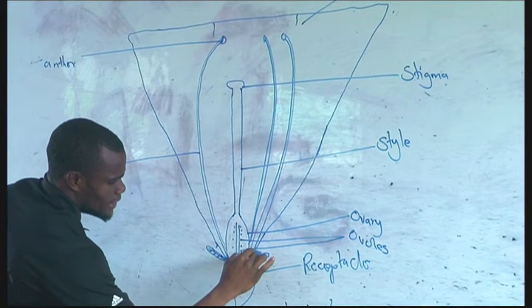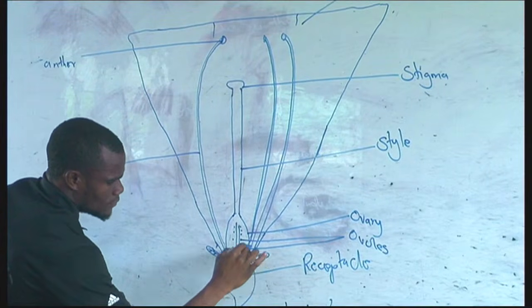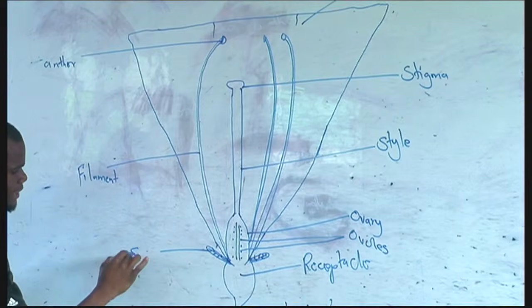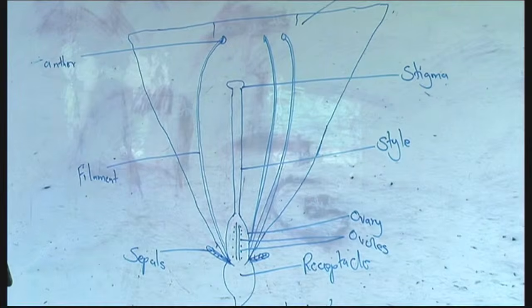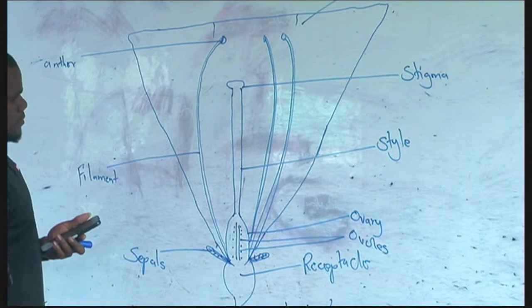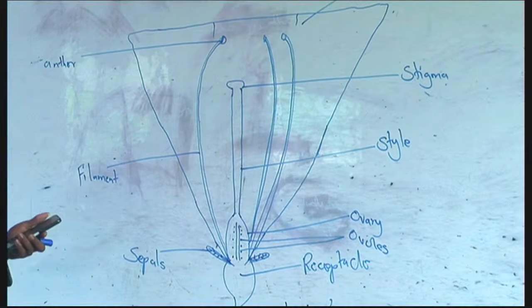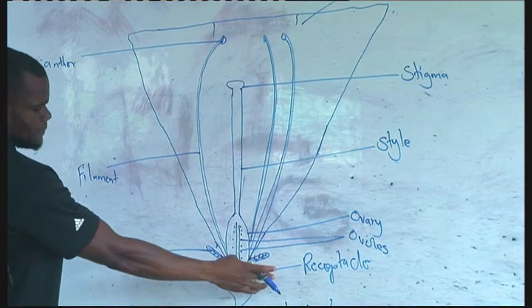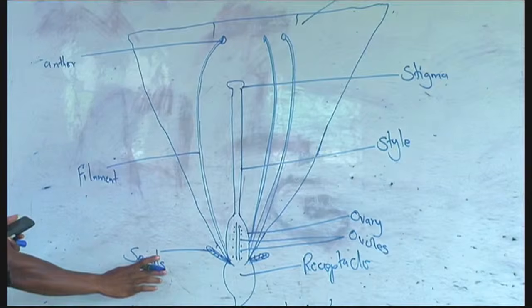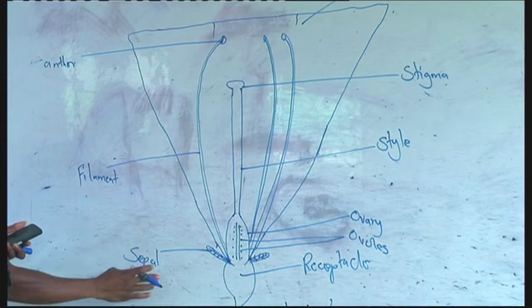They are the green leaflets, known as the sepals. Which structure are we forgetting in this flower? We have the pedicel, receptacle, sepal.